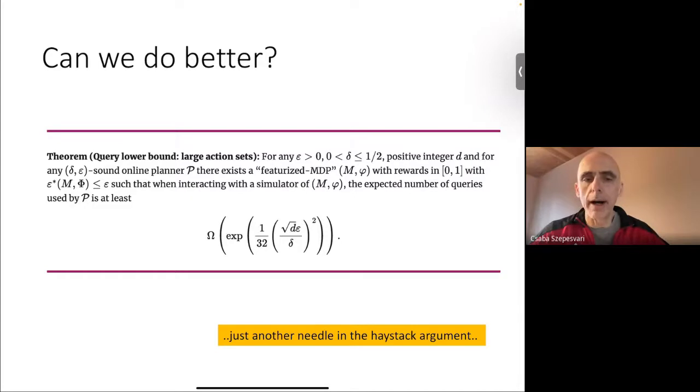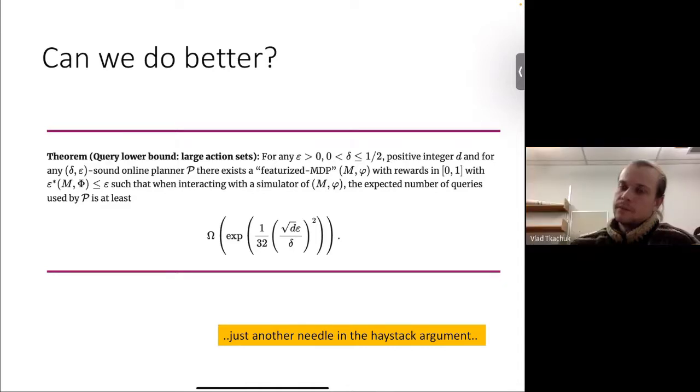Didn't you just blow up the dimensionality to match the actions? The mechanism of the proof was like what you described, but the way the result is set up, is that for any D and epsilon and delta, this result holds.